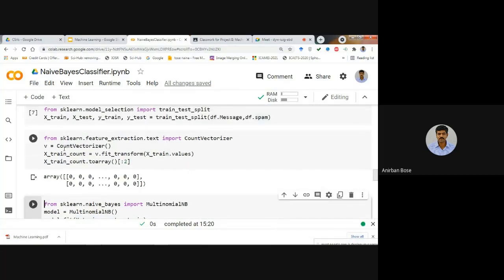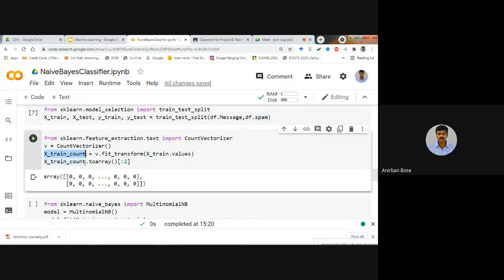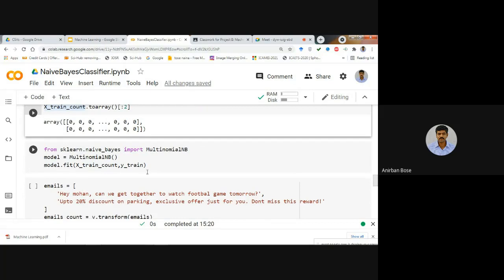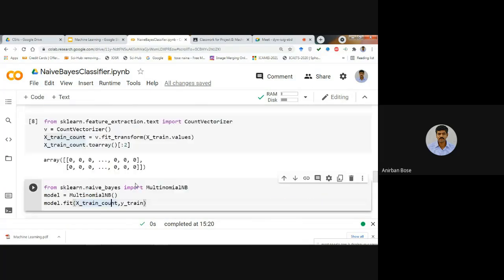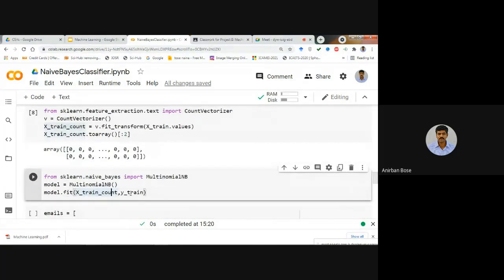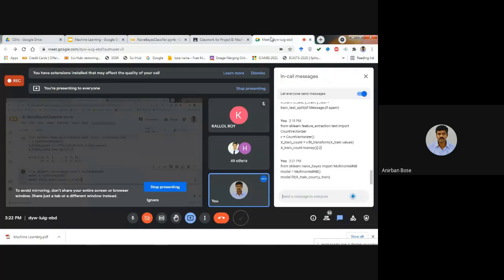From that, by using CountVectorizer, X_train_count contains that particular matrix in numeric data. So that is why it is not X_train, it is X_train_count, and y_train is the numeric data, no problem. So y_train.